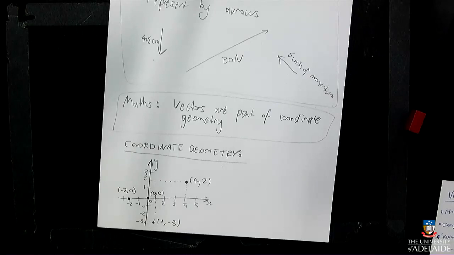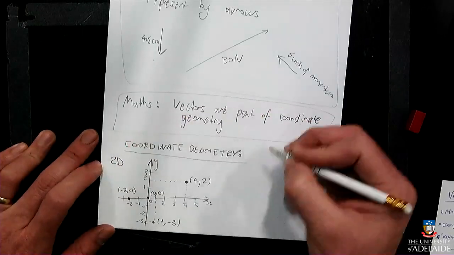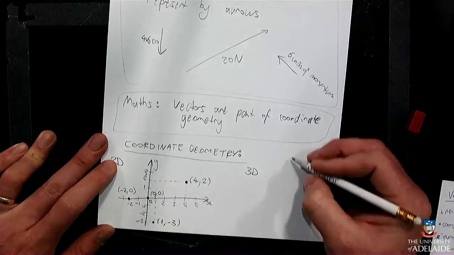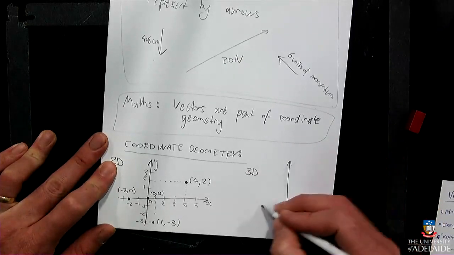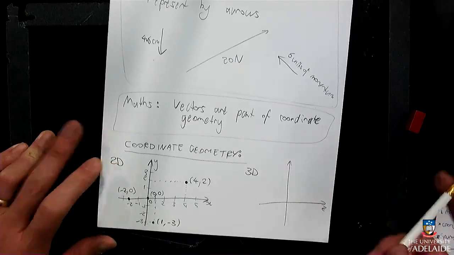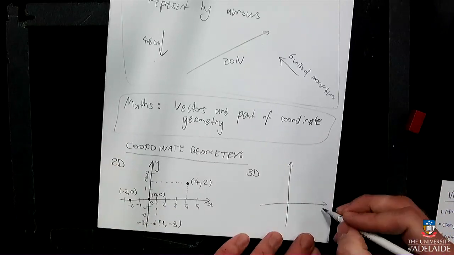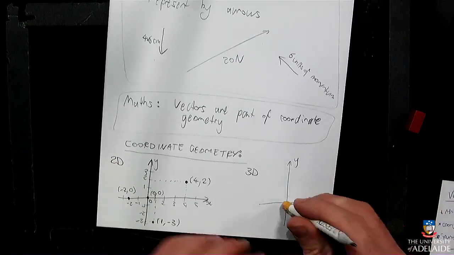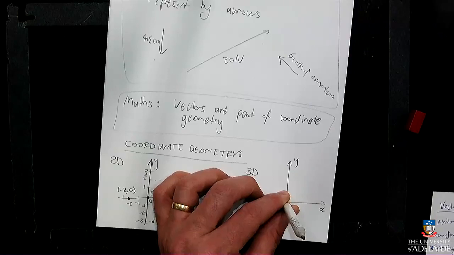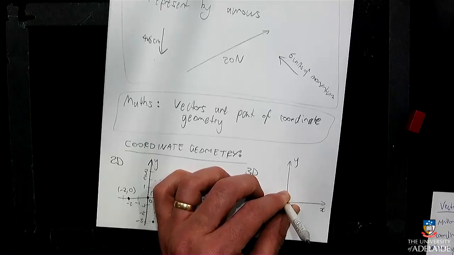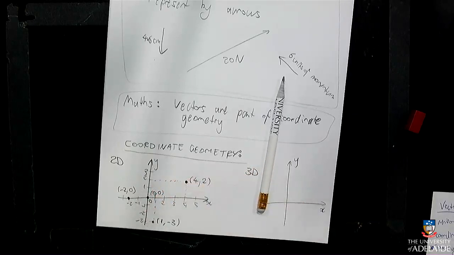And you can do it in 3D as well, though it's harder to draw. So this is two-dimensional. In 3D, you might have an x and a y, and then there's a z-axis pointing upwards out of the page. And so you would have a point living in space.